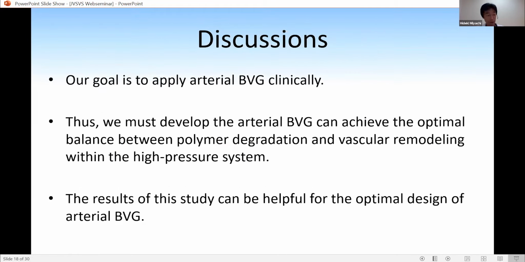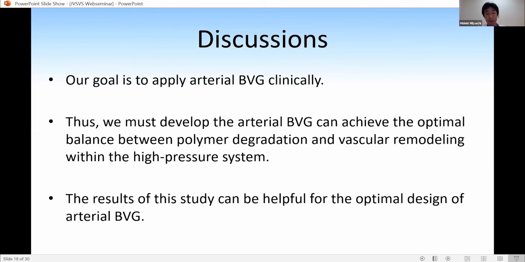Our goal is to clinically apply BVG to the arterial circulation. Thus, arterial BVG must achieve an optimal balance between polymer degradation and vascular remodeling within a high pressure system such as arterial pressure.